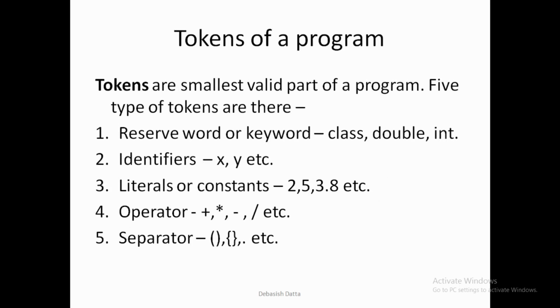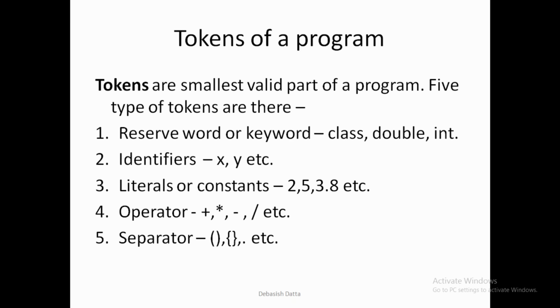And now let's go deeper into the Java program. A Java program basically consists of tokens, which are the smallest valid parts of a Java program. Now, tokens can be of five types: reserved word or keyword. Let me say a few words about this.